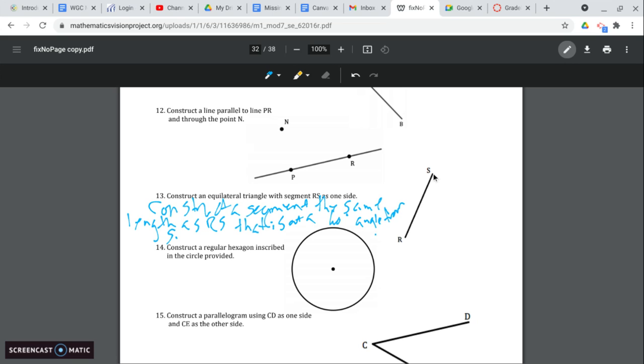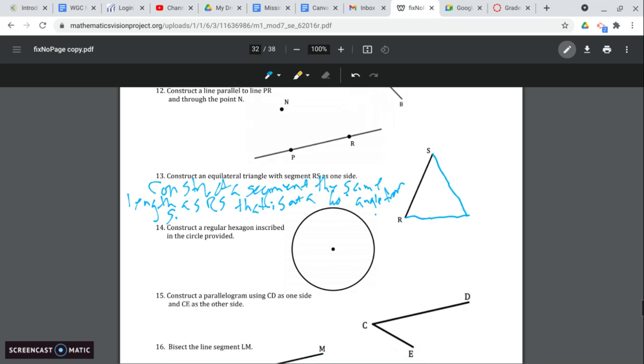And you can do a rough sketch of it by all means. I'm not going to penalize your drawings here. So then we'd have our equilateral triangle, just like so.